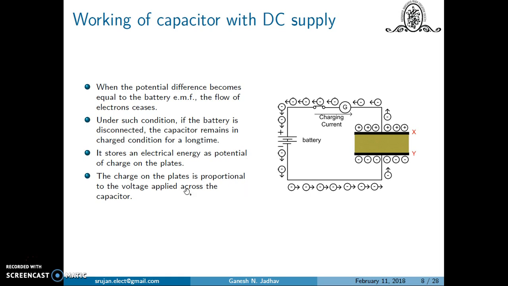The charge on the plates is proportional to the voltage applied across it.